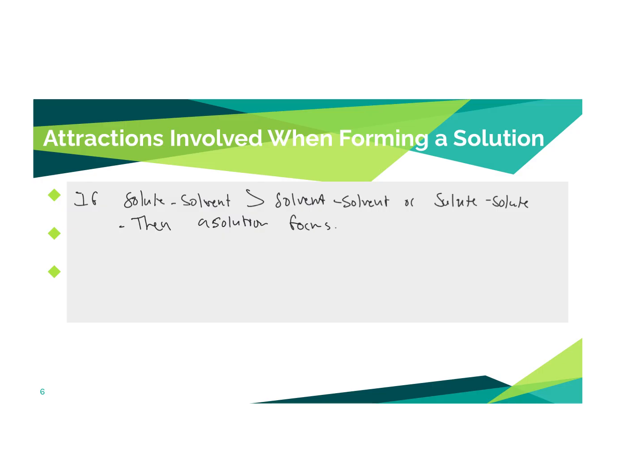If you have really strong interactions between your solute and solvent, it's going to want to form a solution. If solute-solvent interactions are about equal to solvent-solvent or solute-solute, then again, a solution will form.